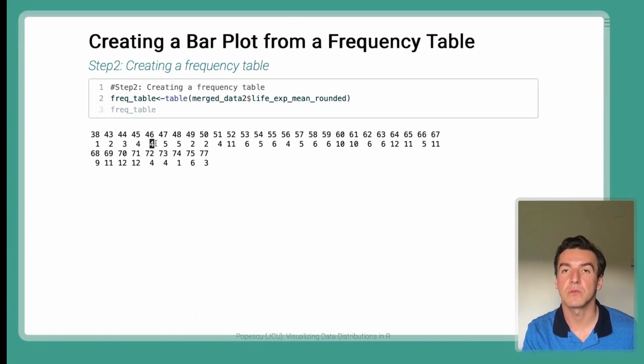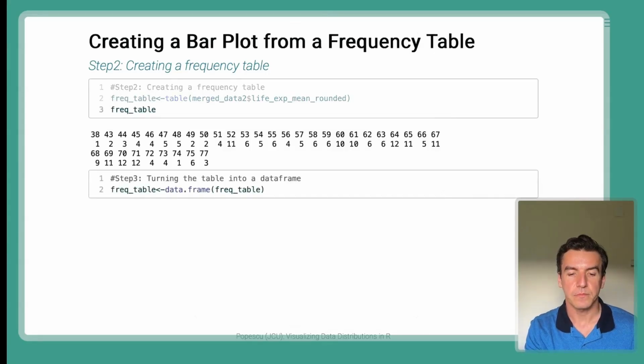Notice four countries where it's 46, five countries where it's 47, five countries where it's 48. So this is not just an ordering of data, but rather this is the count, right? For how many countries life expectancy is 38, for how many countries life expectancy is 43, and so on and so forth.